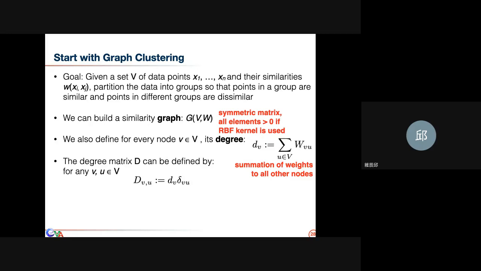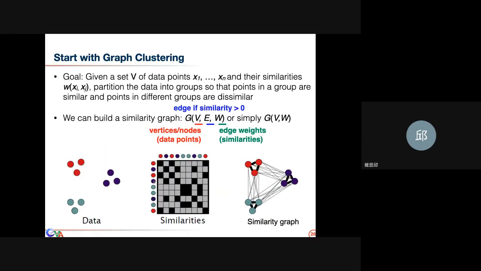So for instance, maybe this data point is V, and now I want to compute its degree. Then the computation is based on performing the summation over this row, because that means the pairwise similarity from this specific data point to all the others.